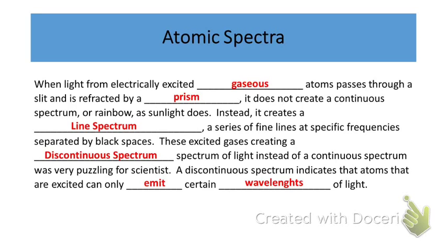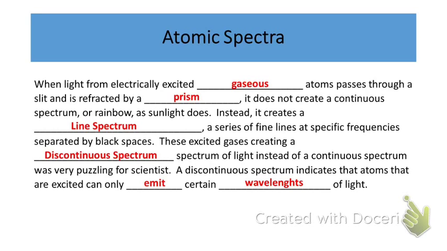Now, these excited gases create a discontinuous spectrum of light instead of a continuous spectrum, and this was very puzzling for scientists. A discontinuous spectrum indicates that excited atoms can only emit certain wavelengths of light. So it's sounding more and more like quantum theory. What did scientists expect would happen?